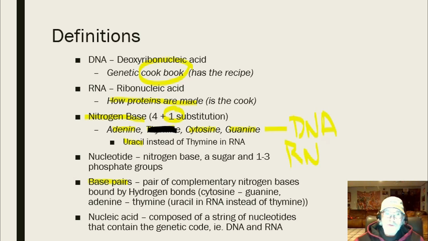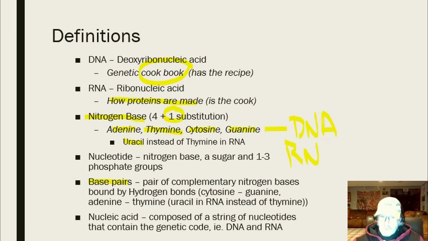So let's go back to our nitrogen bases. Let's get thymine back in there, because thymine deserves to be back in there in DNA. My nitrogen bases: adenine, thymine, cytosine, and guanine. In DNA we have 2 strands.